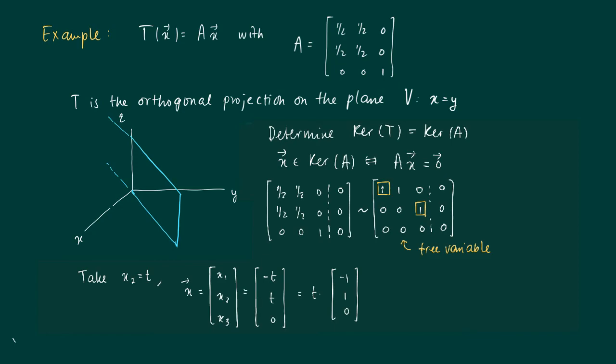So if we write this, then we get t times the vector minus 1, 1, 0. So actually the kernel is formed by taking all these kinds of combinations. So the kernel is the line through the origin with direction vector minus 1, 1, 0.